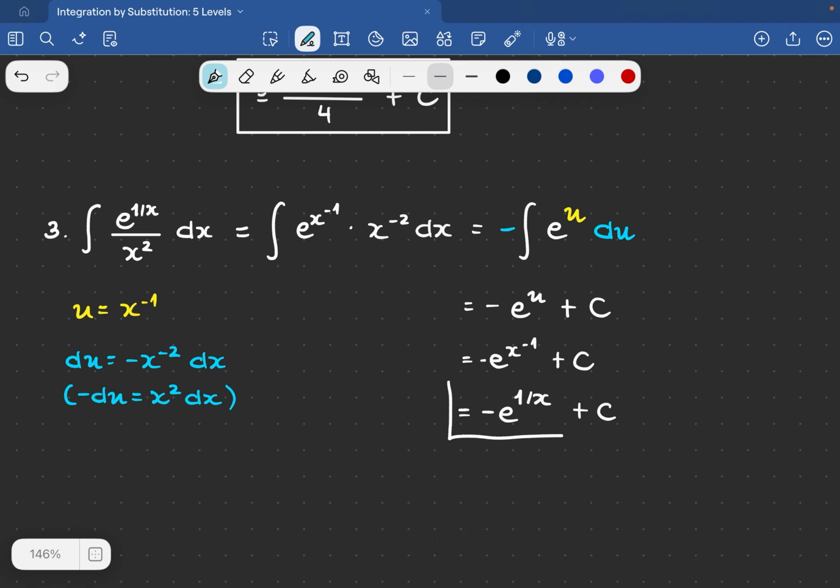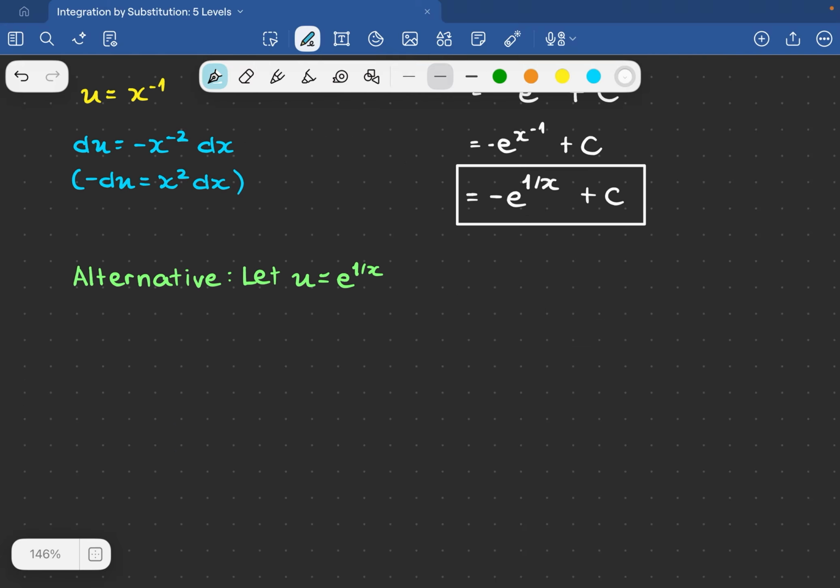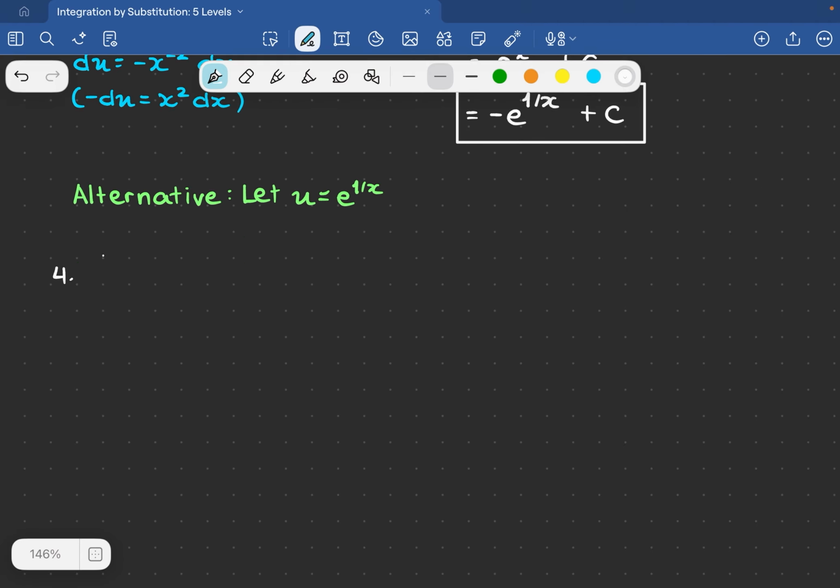This is the answer for this one. Like I said earlier, an alternative here is that you can let u be equal to e raised to 1 over x, and I think you'll get the same thing. Okay, good. Let's move on to the fourth one. For this fourth one, we have the following.